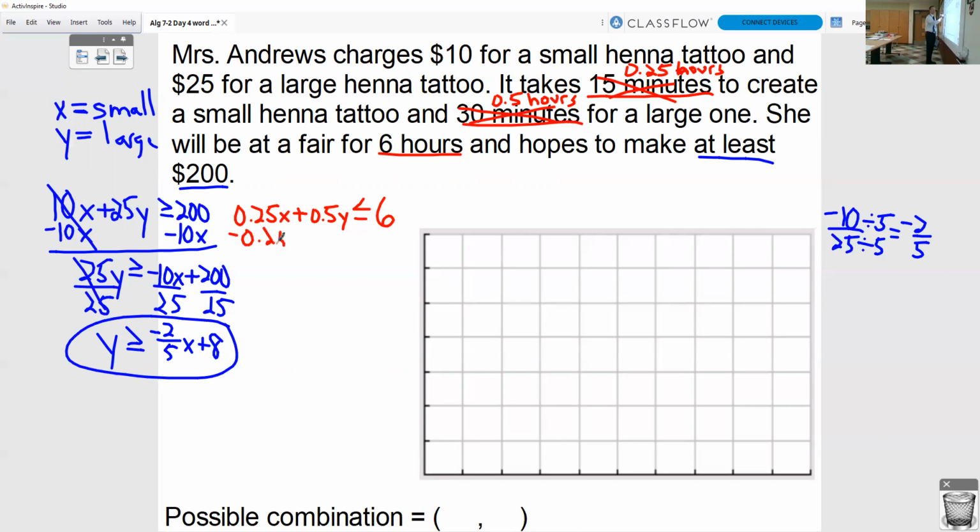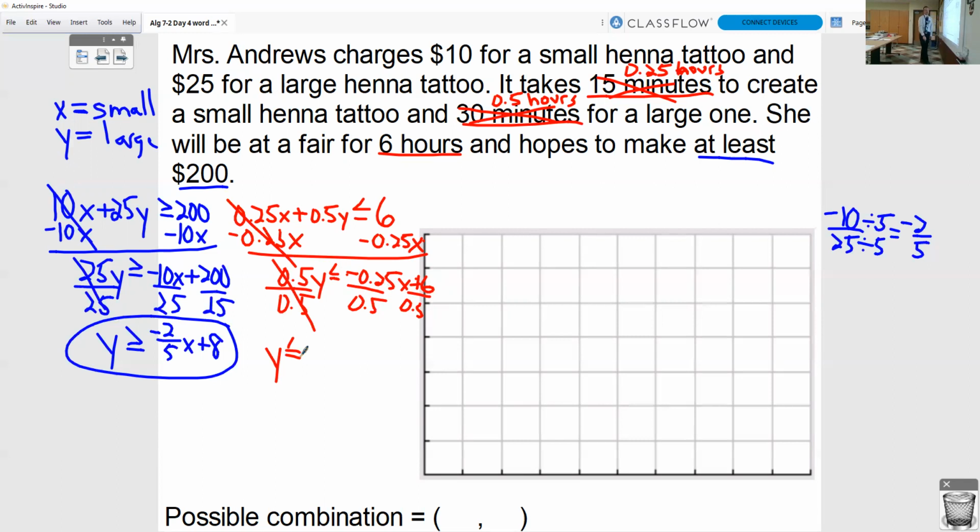For the second one, we would do minus 0.25x and minus 0.25x. So we have 0.5y is less than or equal to negative 0.25x plus 6. And then divide by 0.5. So we have the equation y is less than or equal to, now again here, negative 0.25 divided by 0.5.